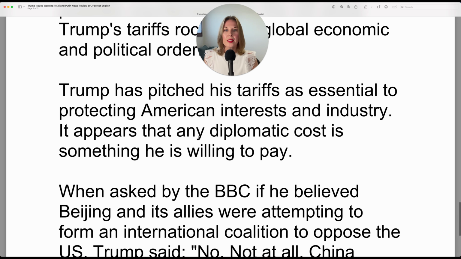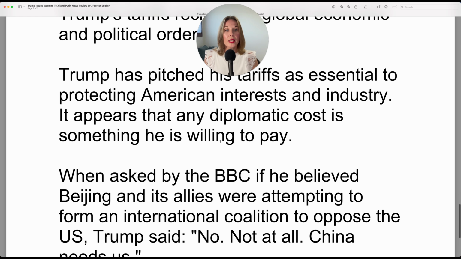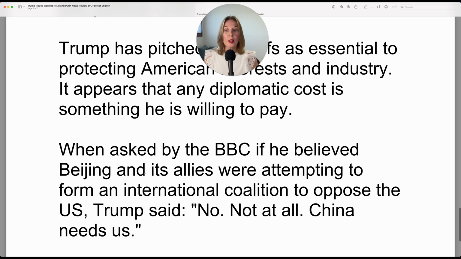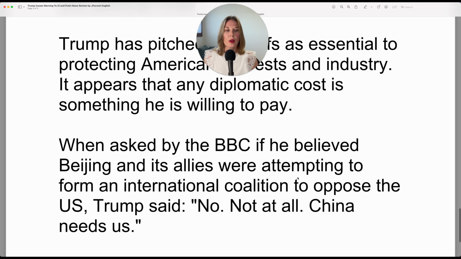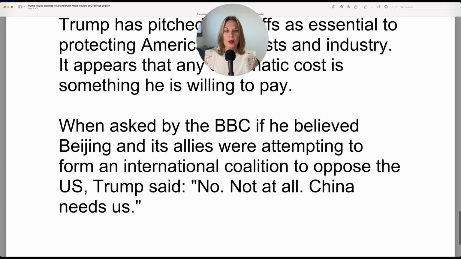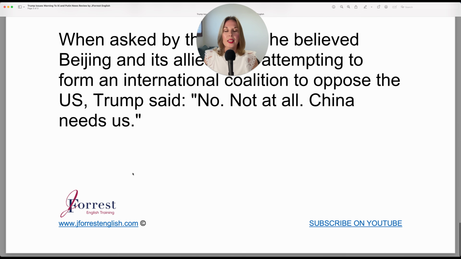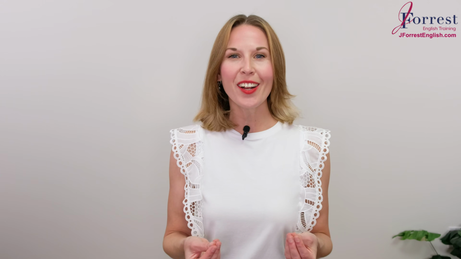It appears that any diplomatic cost is something he is willing to pay. When asked by the BBC if he believed Beijing and its allies were attempting to form an international coalition to oppose the U.S., Trump said, "No, not at all. China needs us."